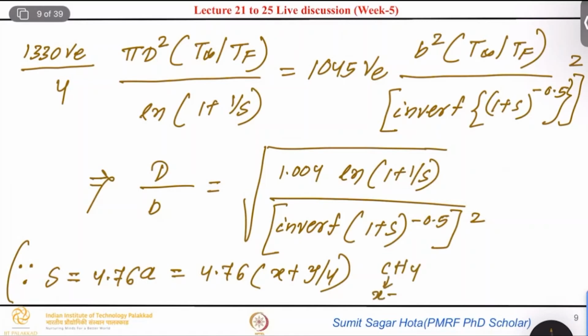What is x? 1. What is y? 4. 1 plus 4 by 4 is what? 2. 4.76 into 2 is equal to 9.52. We get the value of S as 9.52.